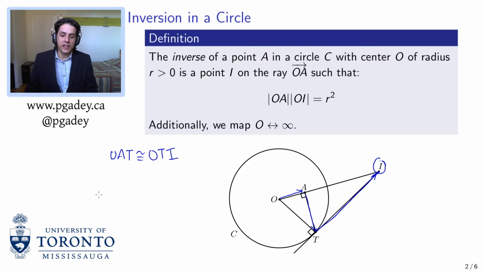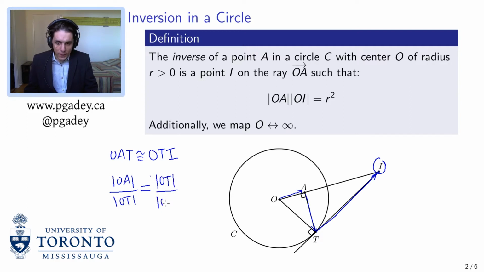If we look at what that does, we have that the ratio of OA to the radius OT is the same as the radius OT to OI. So if we multiply across, we wind up with OA times OI is OT squared.